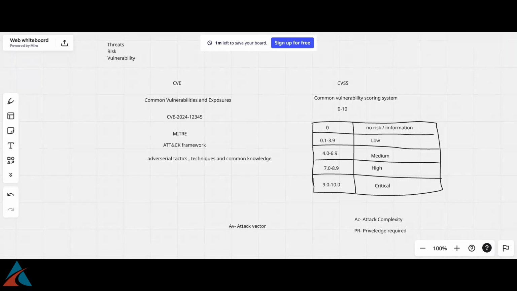That is why we discussed network, adjacent networks, and all these things, right? Can it be done over the internet? Can it be done through Wi-Fi, adjacent network? Any doubts in CVE, CVSS? Let me know.